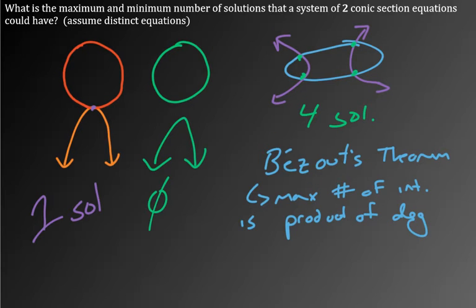So if you take a hyperbola and an ellipse, both of those have a degree of 2, so you just do 2 times 2, you get 4. So 4 is the max number of intersections. You can read about this if you want, but it's not really something that we necessarily use in this class. It just says that the max number of intersections would be the product of the degrees of the two objects that you're looking at.